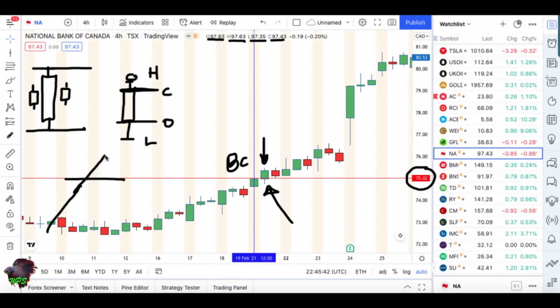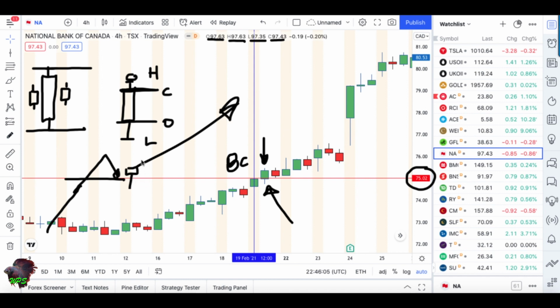And only if people, or institutions, are willing to pay a higher price, when the market comes down to retest this area here, 75.02, pardon me, will it be strong enough to create the candle or a signal for us in this case to continue on.